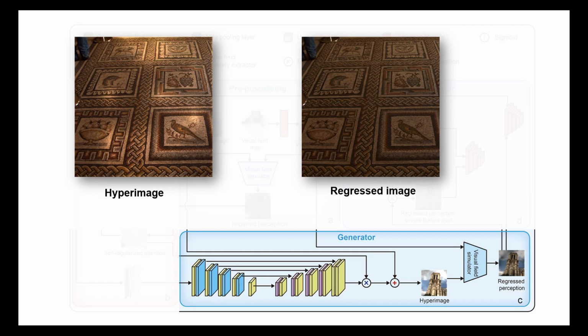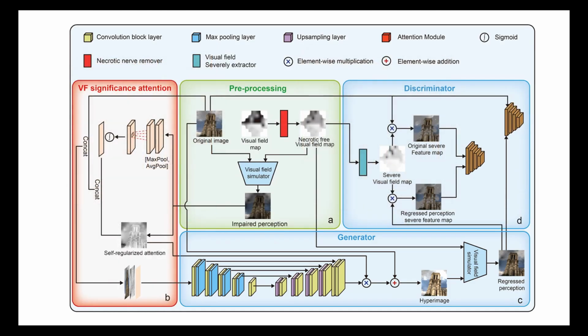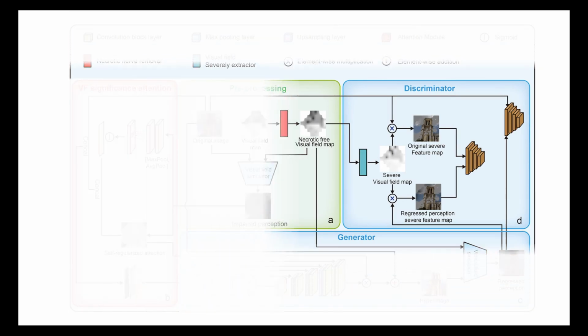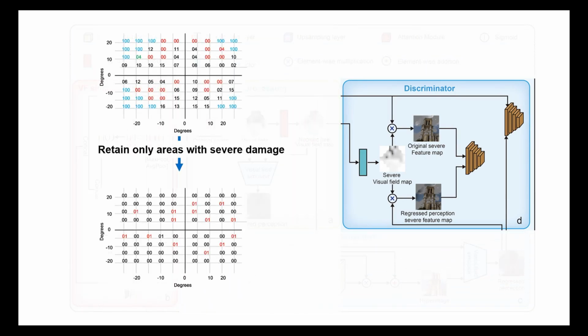The generator of VF lens generates a hyperimage to overcompensate for brightness to match the user's visual field parameters. Then the overcompensated hyperimage undergoes a regression process using the visual field parameters to predict the actual perception of the visually impaired user. The discriminator's role is then to compare the regressed perception with the original image to ascertain their similarity.